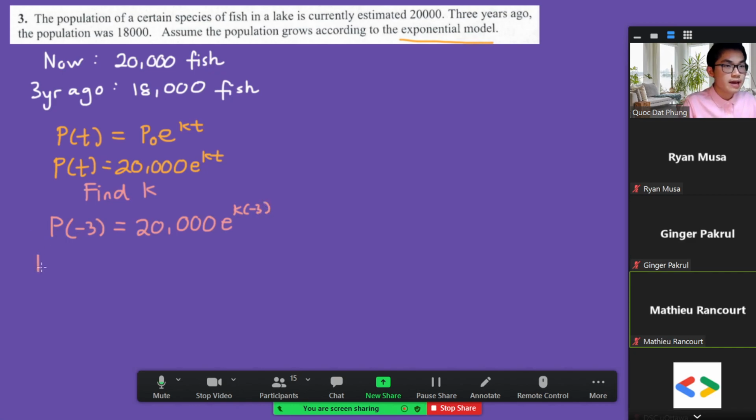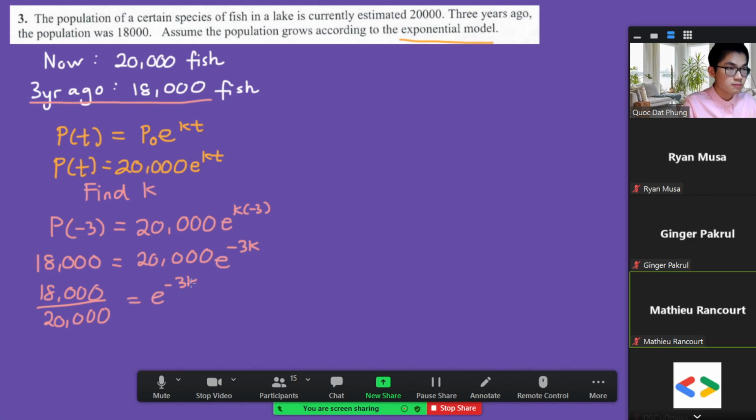So this will be 18,000 because that's the number of fish 3 years ago. We divide both sides by 20,000. And we're going to do the ln of both sides.